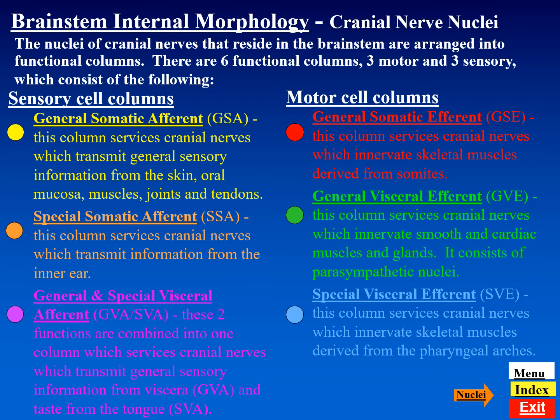Cranial nerves 5, 7, 9, and 10 receive contributions from this column. Lastly, the general visceral efferent cell column is part of the autonomic nervous system and contains preganglionic parasympathetic neurons. Cranial nerves 3, 7, 9, and 10 receive contributions from this column.